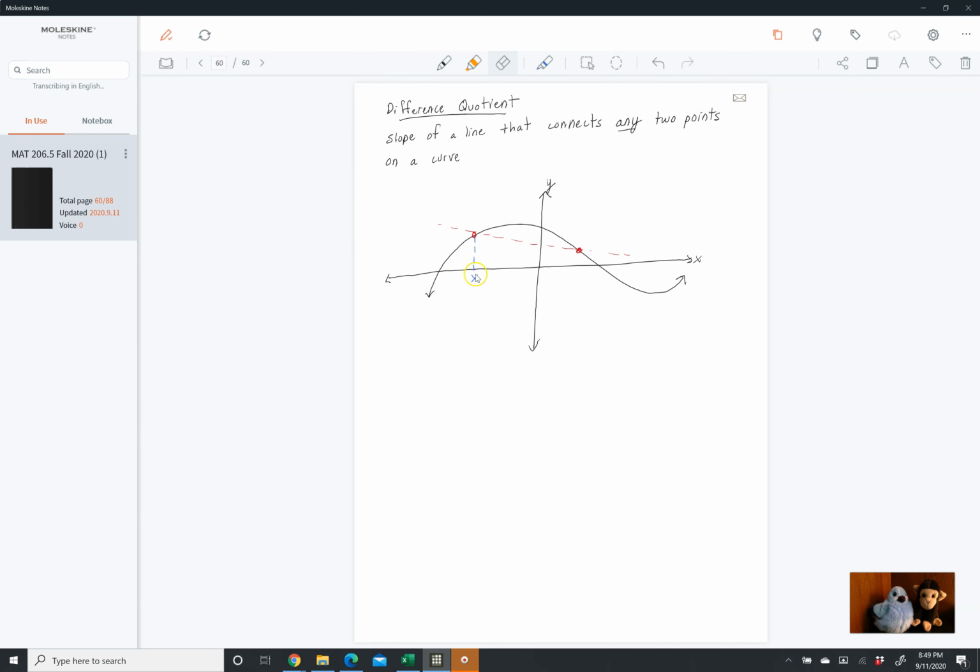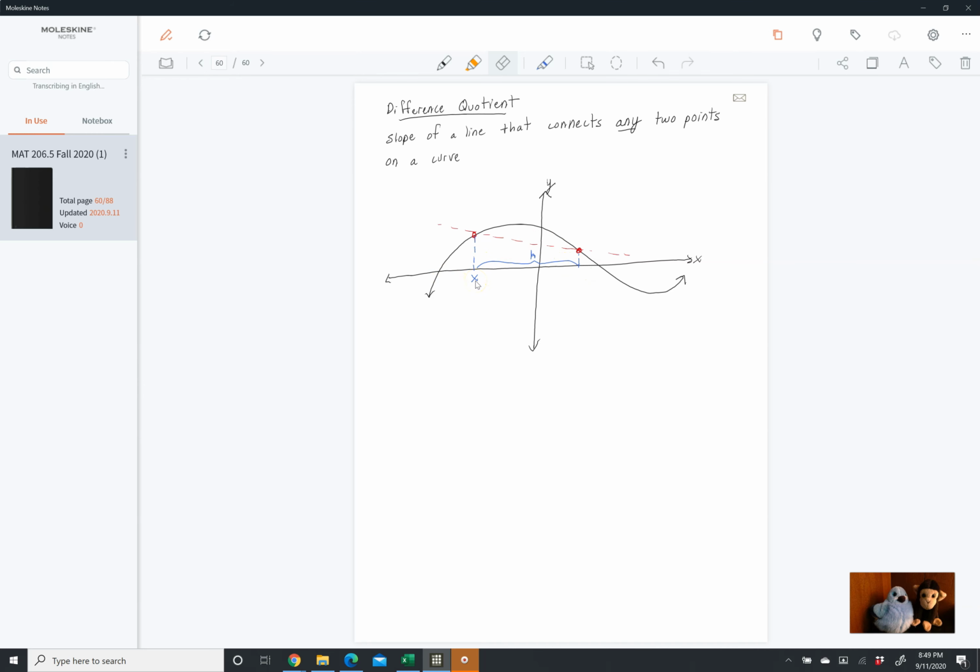And we're going to say, okay, if this is x, then the distance to our next point is h. So this has a distance of h, which means that if this is x, then this is x plus h, okay?